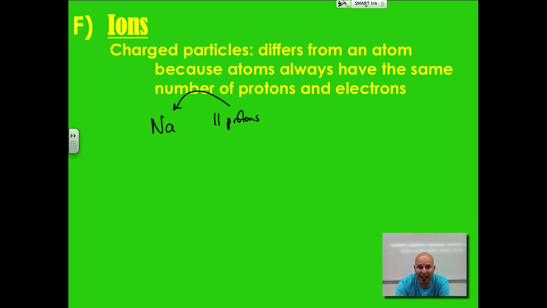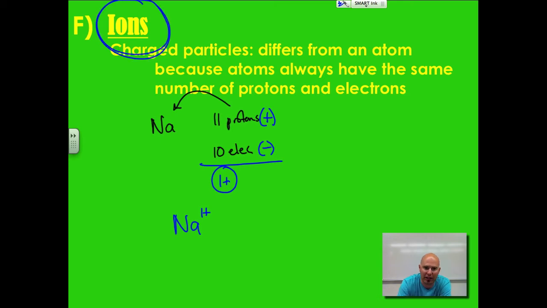Now, if we have fewer electrons, let's say now 10 electrons, it's going to be a positively charged ion. Why? Because protons are positive, electrons are negative. If we have 11 pluses and 10 negatives, we have one more positive charge than negative charge. Therefore, sodium has a 1 plus charge. It would be an ion.